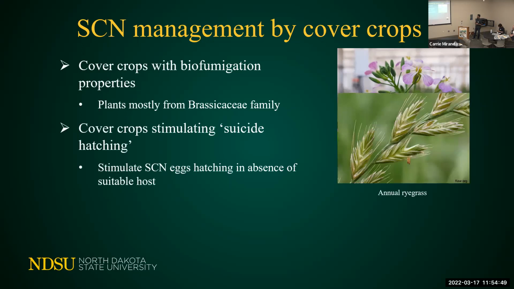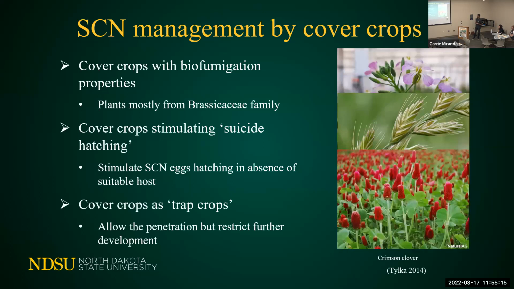Another group of cover crops stimulates suicide hatching and also controls soybean cyst nematode in the soil. Suicide hatching is the hatching of SCN eggs in the absence of a suitable host. When they hatch and don't get a suitable host, they die because of starvation. Annual ryegrass has shown an effect on hatching and death of SCN juveniles due to starvation.